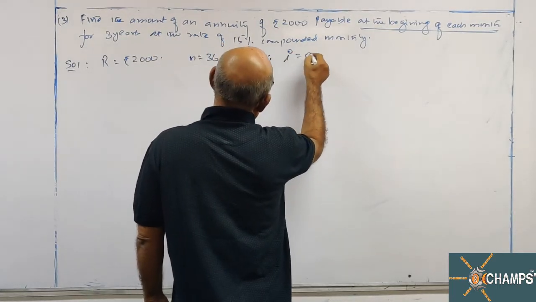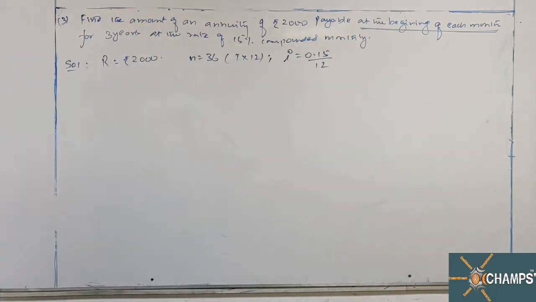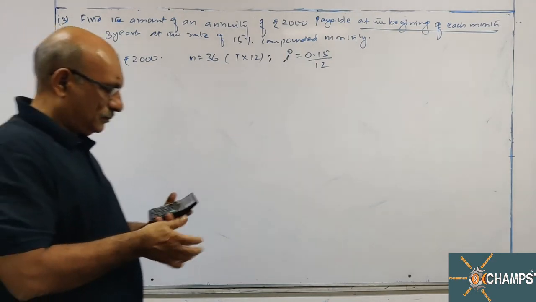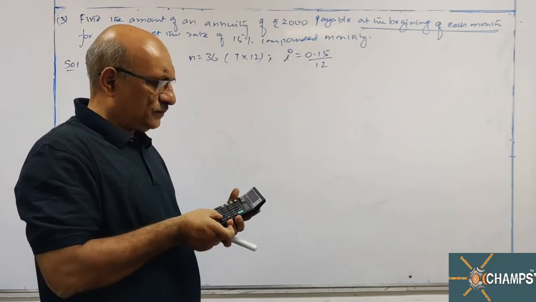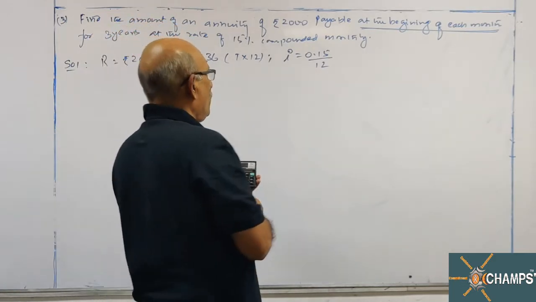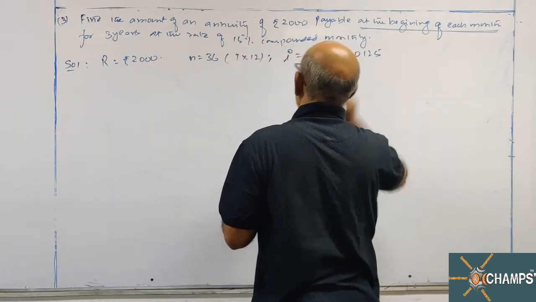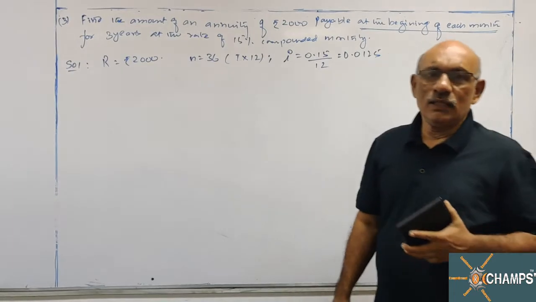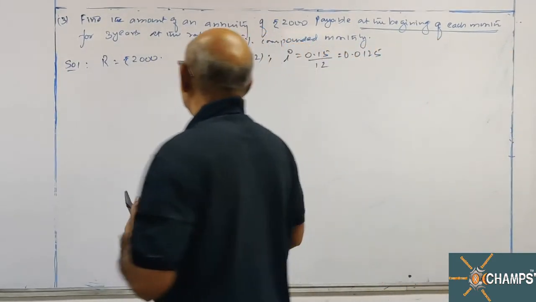Now I is equal to 0.15 divided by 12, which is 0.0125. This is the interest rate you have to use for calculation.